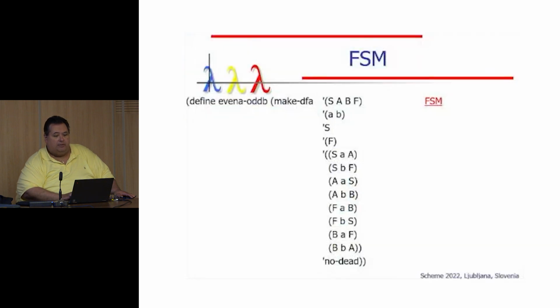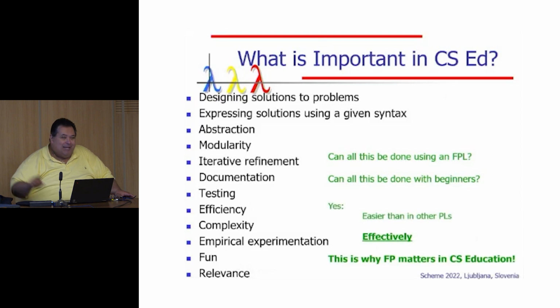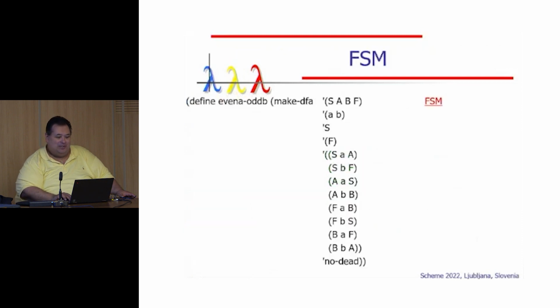It's turned out that this course has become popular now with students, because they get to do programming in it. So can we do all of this wonderful stuff? Yes, and we can do it effectively. And this is why functional programming is important in computer science education.